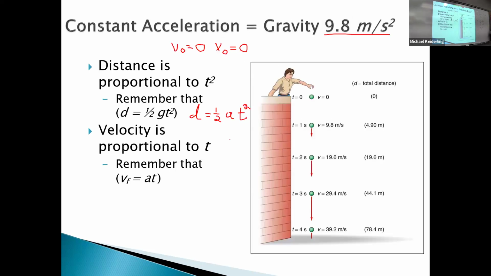Now, if acceleration is constant, the distance traveled starting from rest will be 1/2 acceleration times time squared.